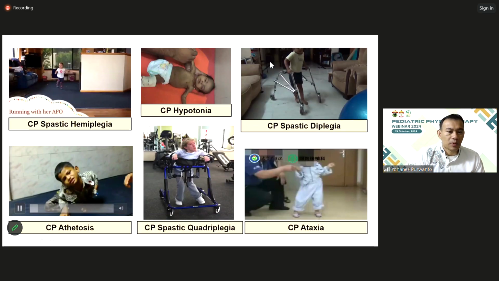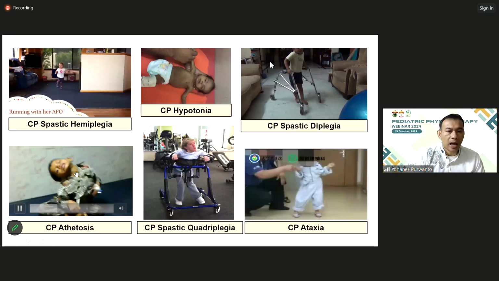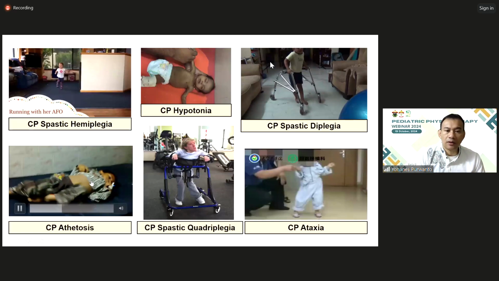Okay, next, this is cerebral palsy athetosis. You can see here the child cannot control the movement.